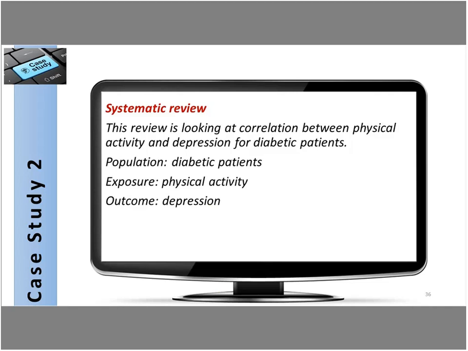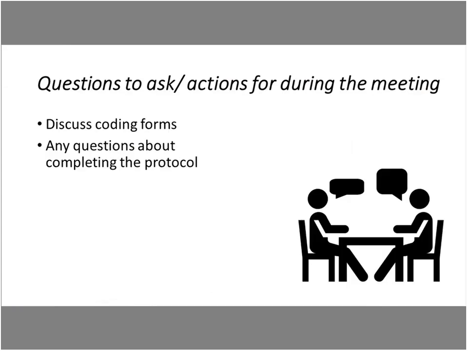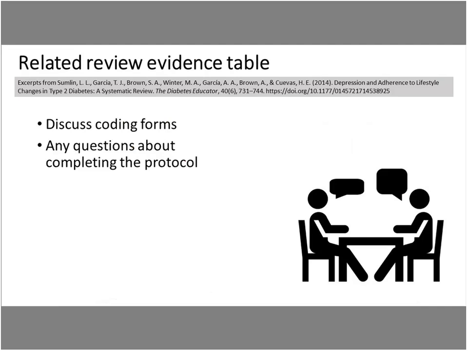They're looking at physical activity and its effect on depression. So when the client comes in, I had asked them to start working on their coding form and then keep working on the protocol. So we're kind of working through that.